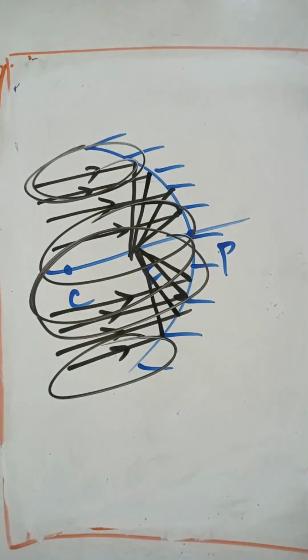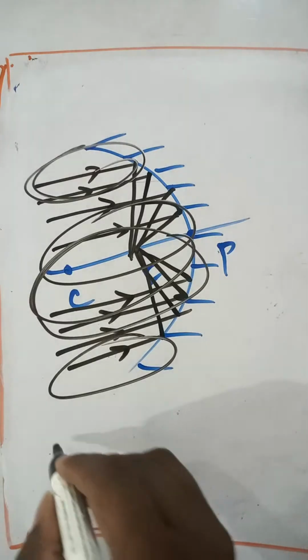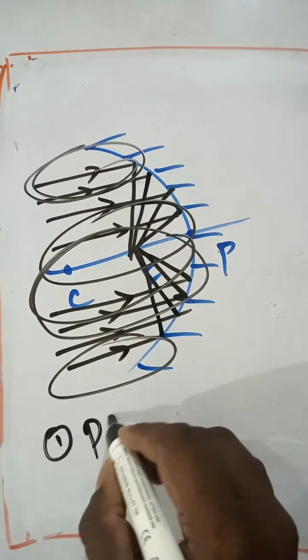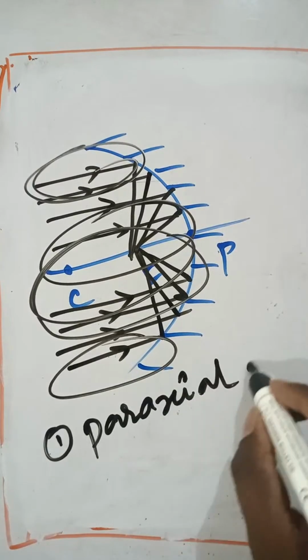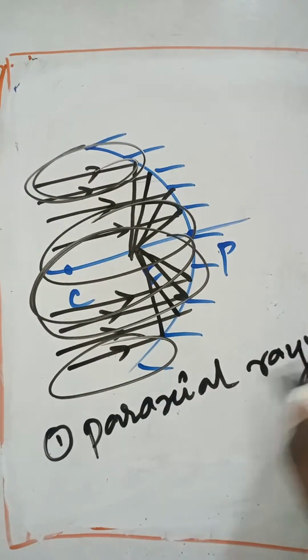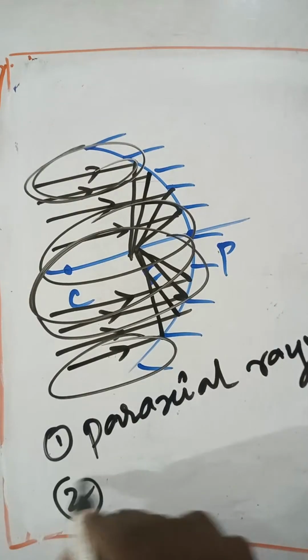The rays which are away from the principal axis are called marginal rays.